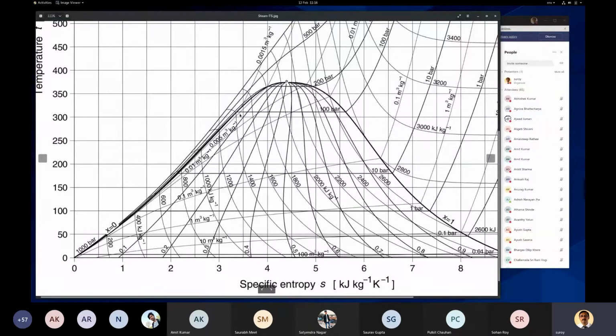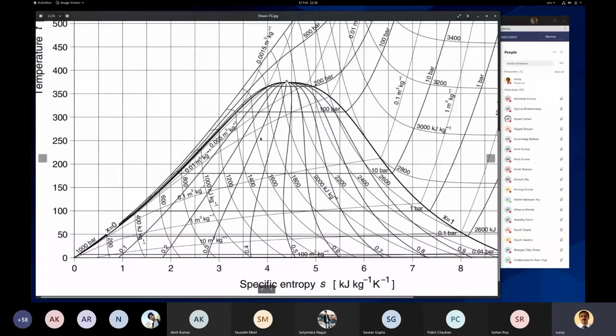So that means within this dome, when phase change is taking place, and if you have a rigid container, with no mass coming in or going out, what happens is that when you heat up water, steam is formed. The specific volume remains constant because it's a rigid vessel, fixed mass, fixed volume.